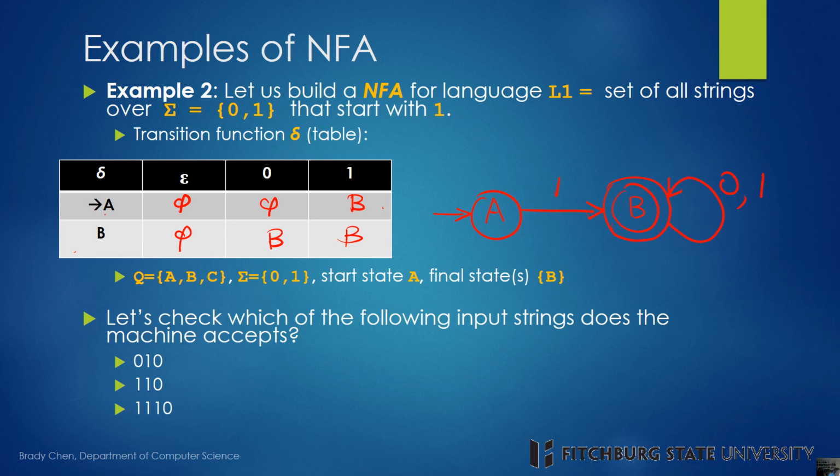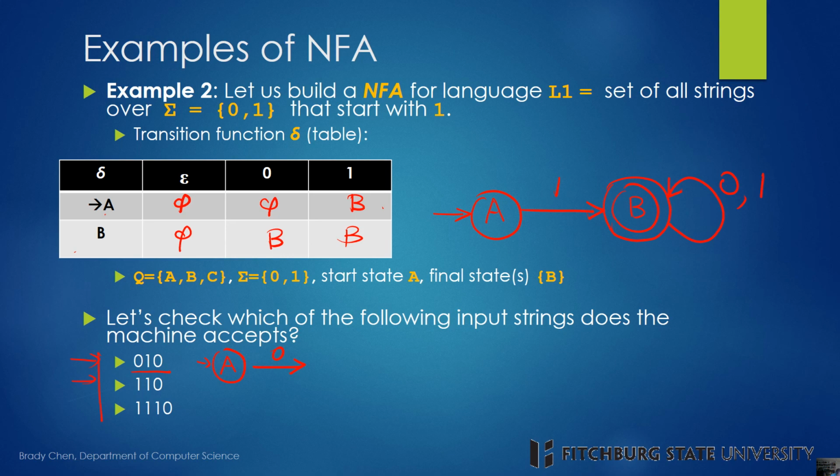So let's take a look at how the machine accepts or rejects the string. Let's take a look at these 3 examples, and I'm going to do the first 2. Let's say the first string is 0, 1, 0. The starting state is A. The input is 0.